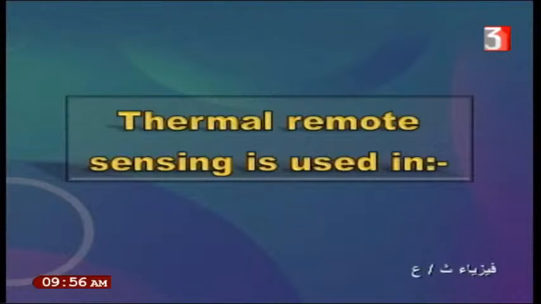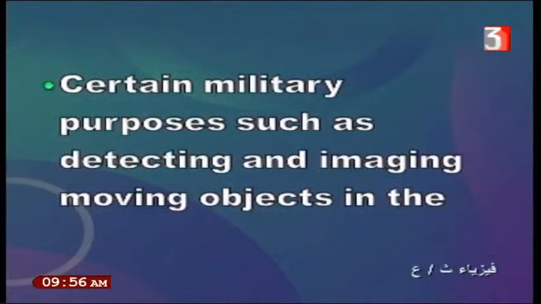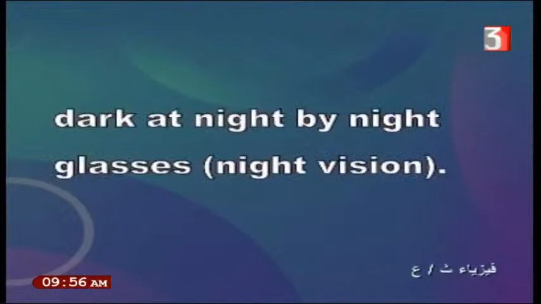It is used in mapping and photographing the surface of the Earth by satellites or airborne and terrestrial equipment. It can be used in certain military purposes, such as detecting and imaging moving objects in the dark at night by night glasses. We call this night vision.